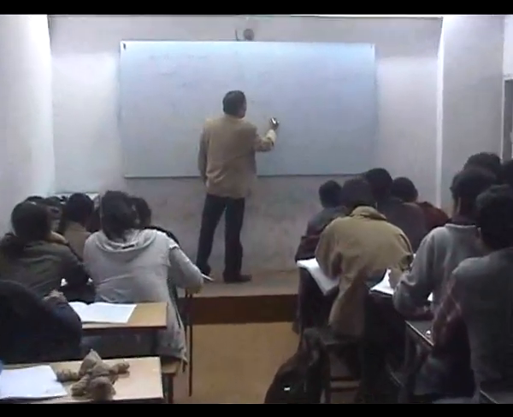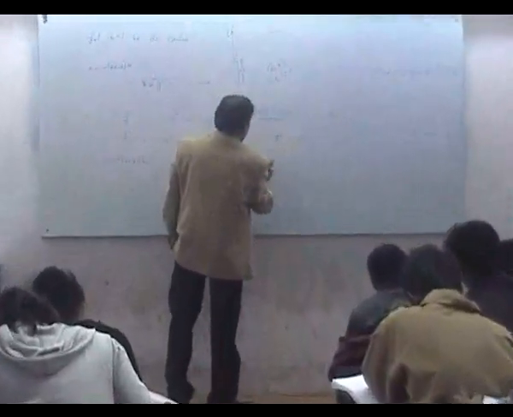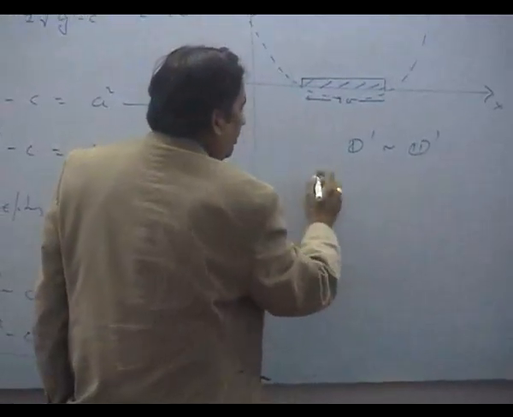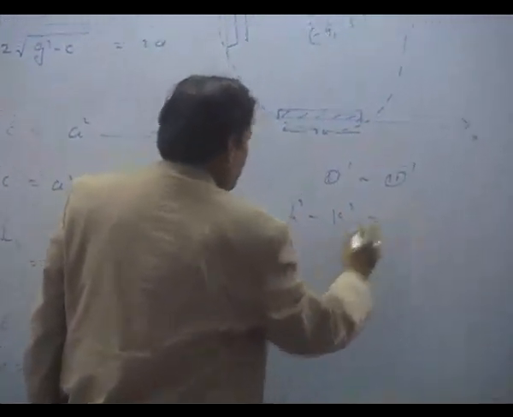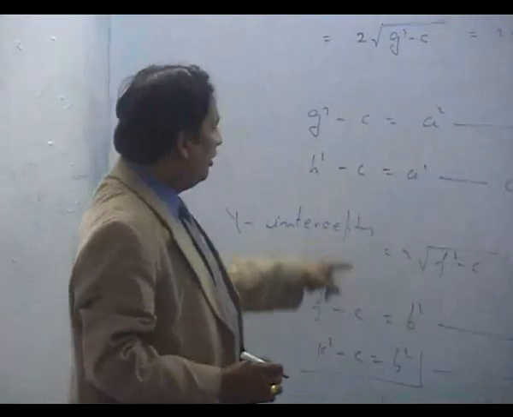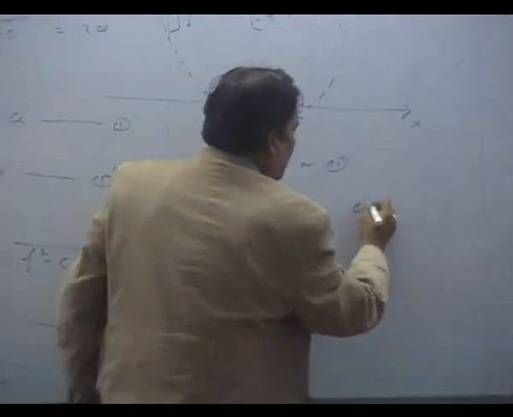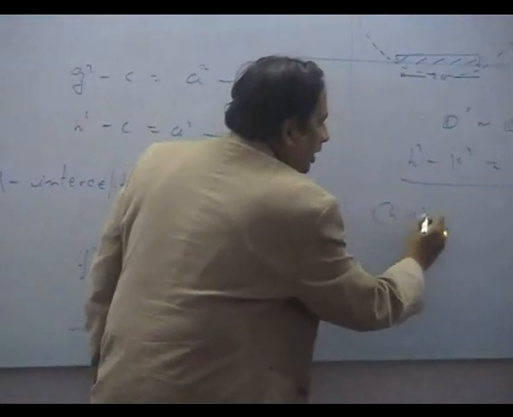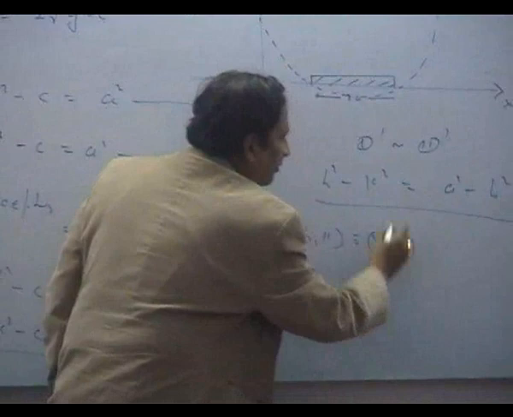So subtracting 1 dash and 2 dash, solve it. You find here h square minus k square is equal to a square minus b square. And for this h, k, what do you write? x, y.